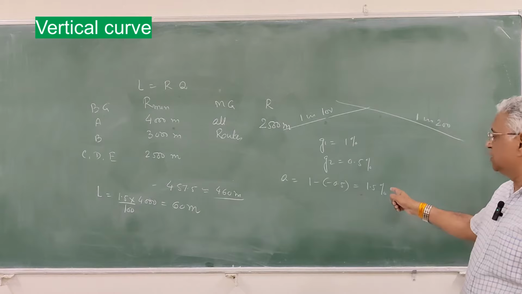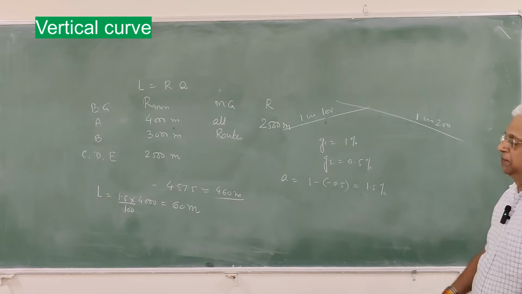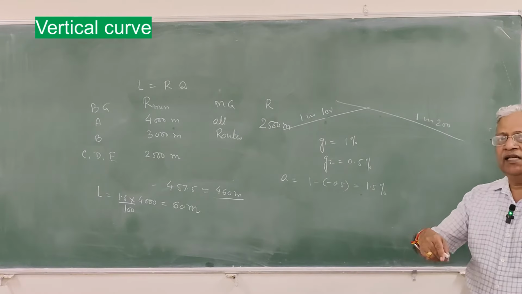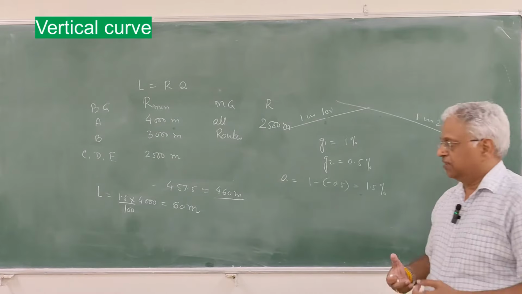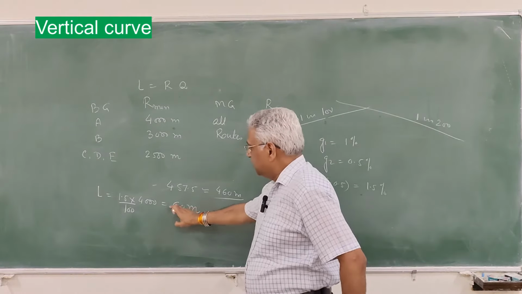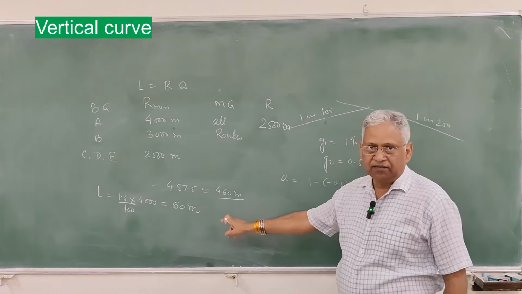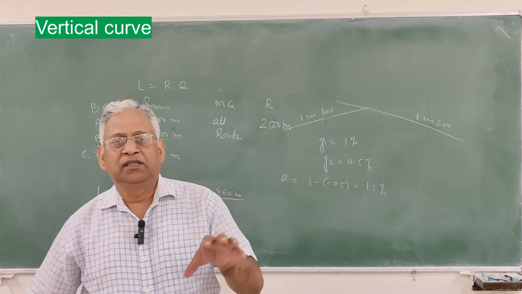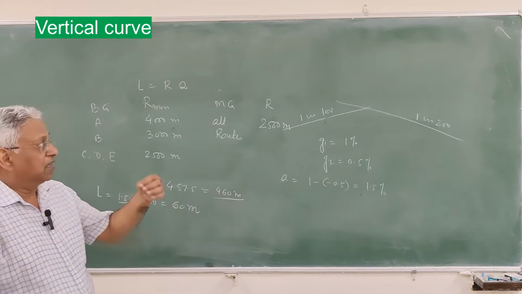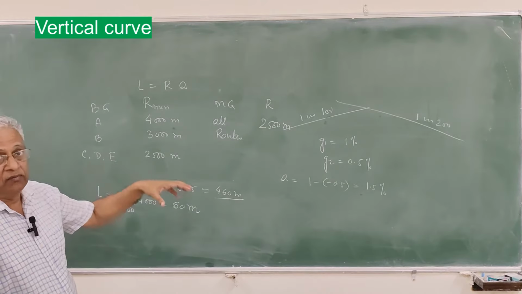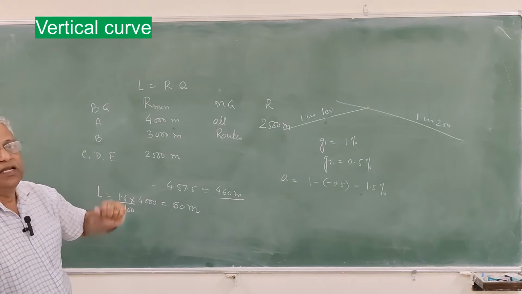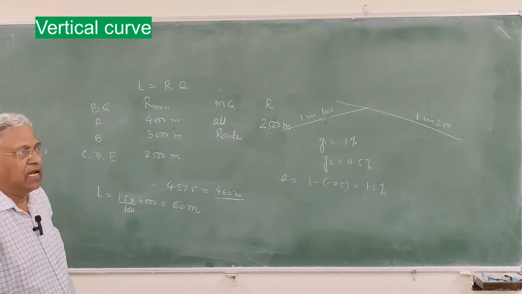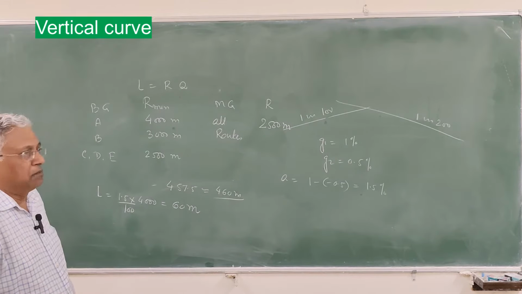So 1.5% is taken as 1.5 upon 100. Now what has been the experience on Indian Railways is that this is easy to set in the field and this is sufficient also to take care of the radial acceleration because of movement of the train on a vertical curve, sag curve or the summit curve.